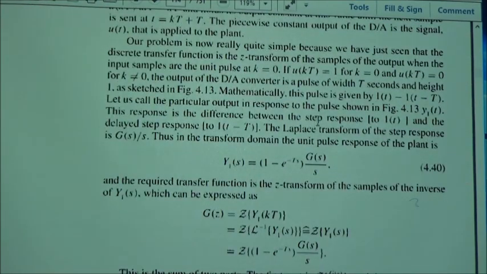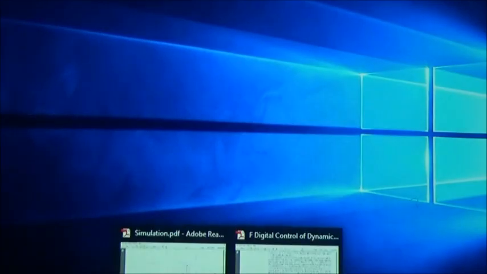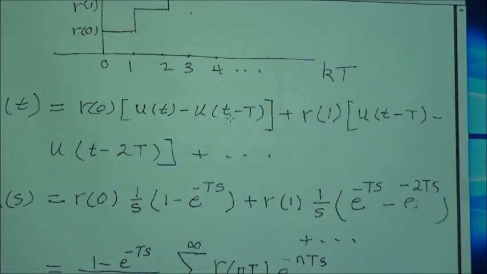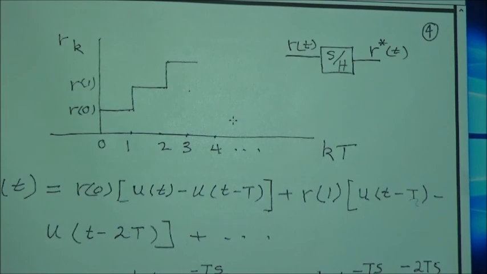Now, in order for me to show this relationship, I want to go to another part of that initial simulation file.